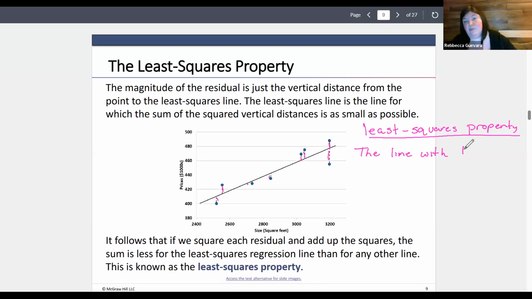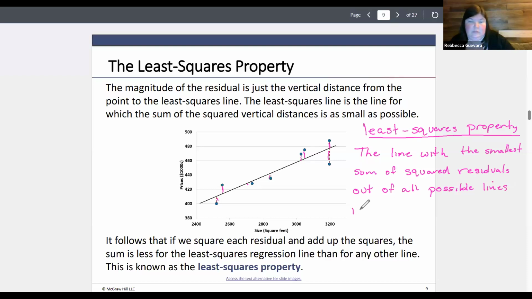So the line with the smallest sum of squared residuals, or squared errors, out of all possible lines, is the least squares regression line, or our line of best fit.